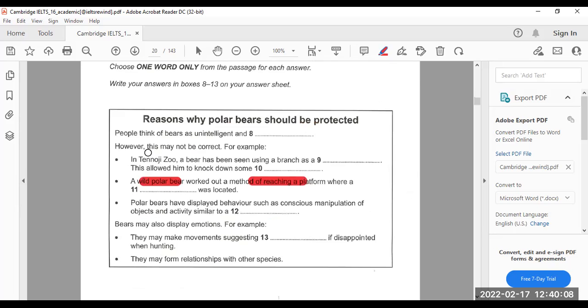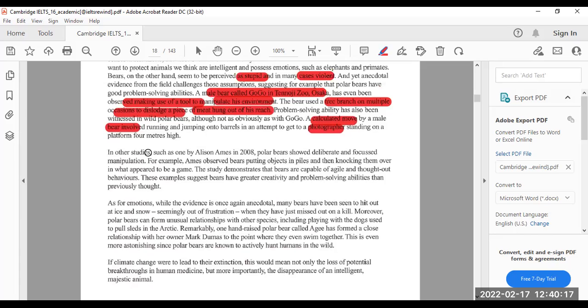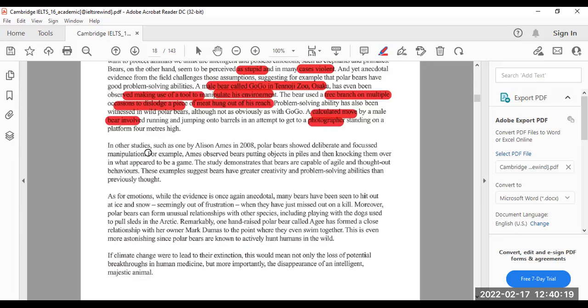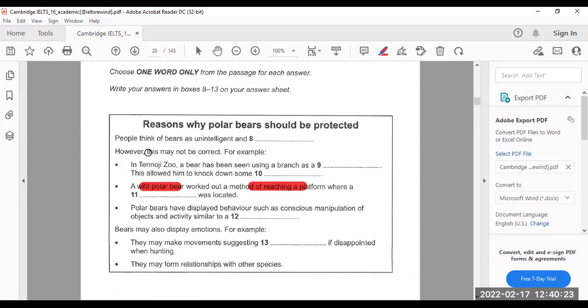So a wild polar bear worked out a method of reaching, which is nothing but a calculated move, of reaching a platform where a photographer was located. So a photographer is the answer here. Could you able to understand?